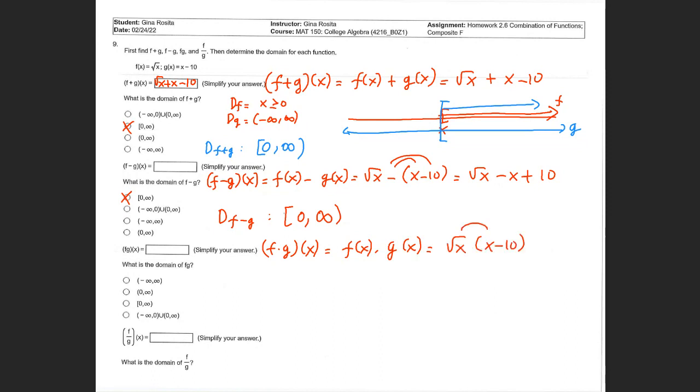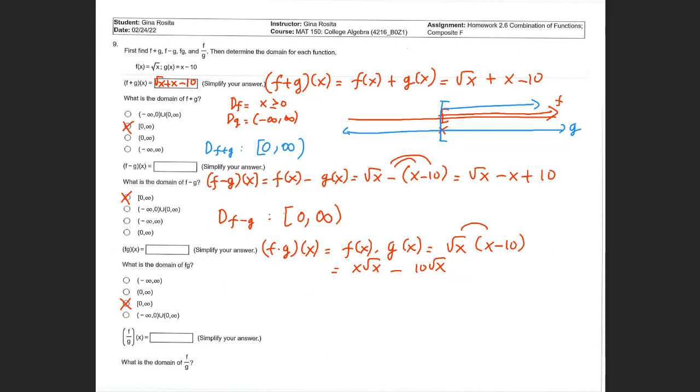We just simplify, and the answer becomes x square root x minus 10 square root x. The answer for the domain is the same, from 0 to infinity. Okay.